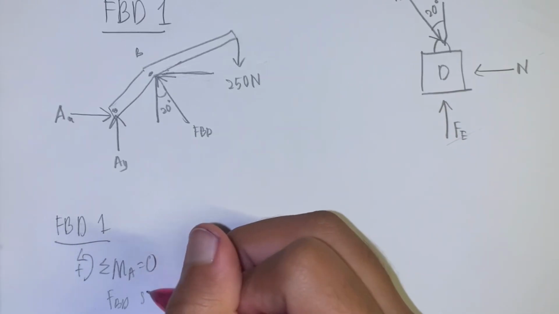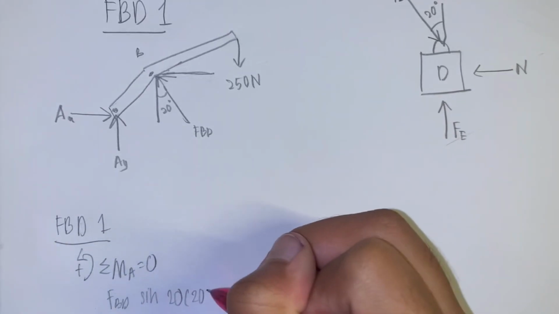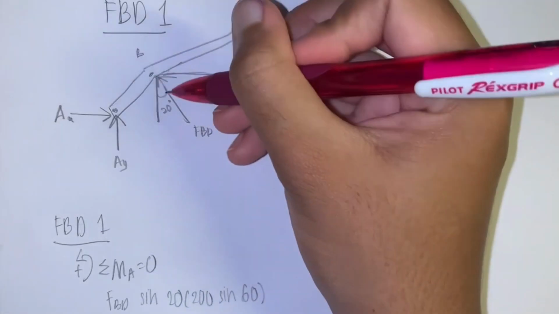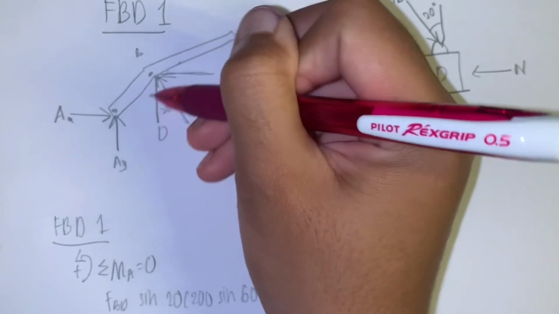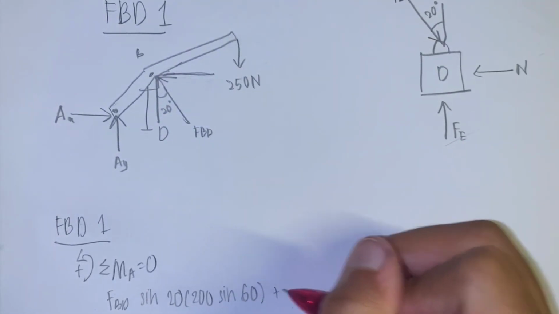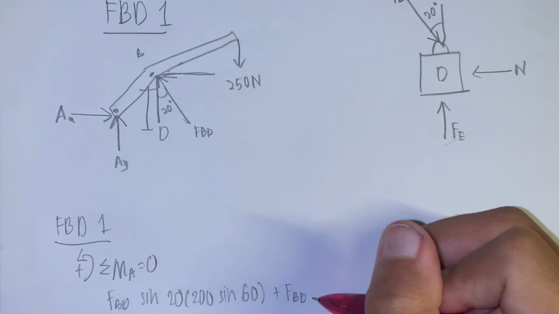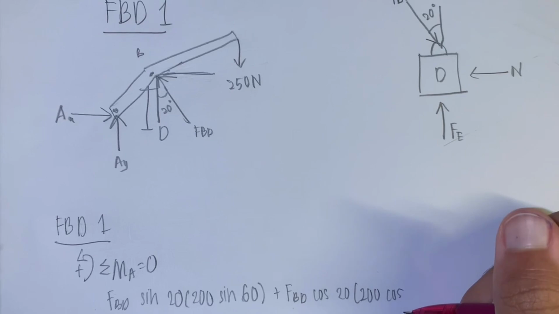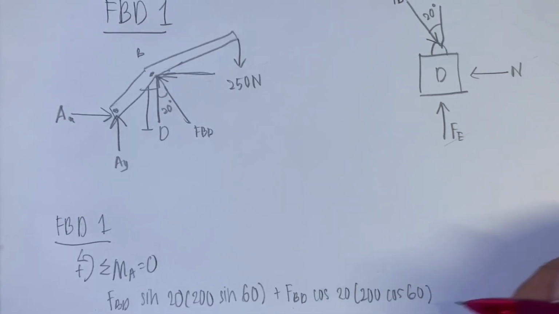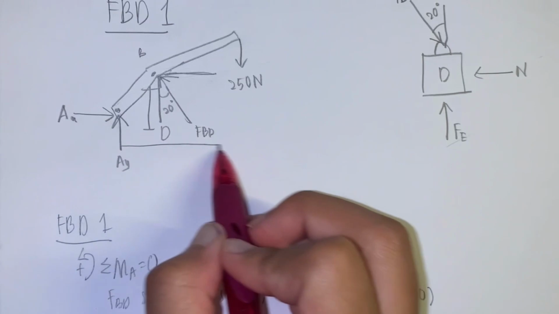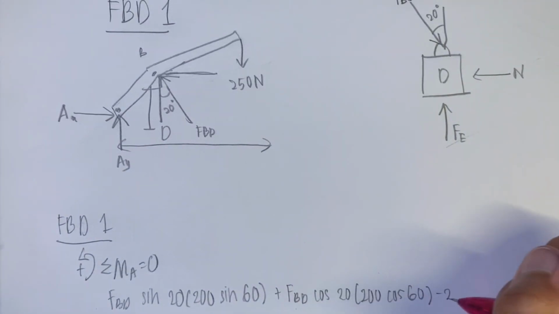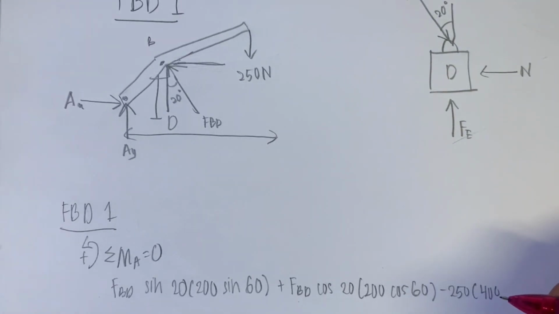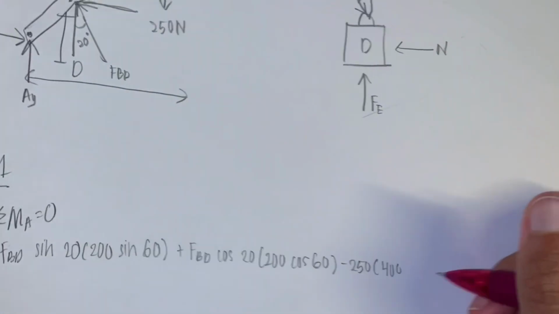FBD sine 20 multiplied with lever arm of 200 sine 60 plus FBD cosine 20 multiplied with lever arm 200 cos 60. Then I have the 250 on the end, and the lever arm is the distance all the way from A to C. So I have two parts here.